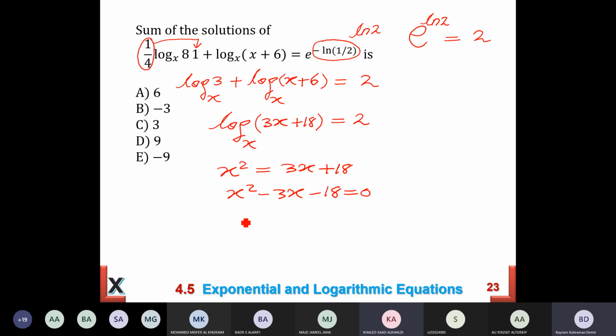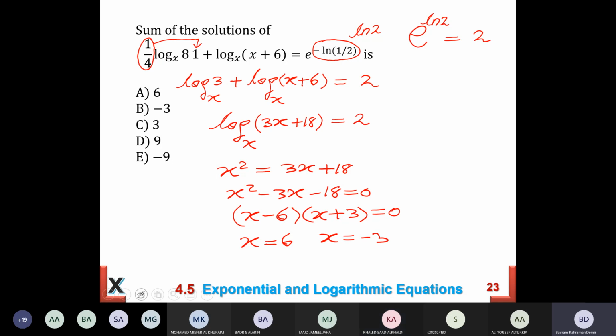And we solve it as a quadratic equation. We have x minus 6, x plus 3. So one option is 6, another option is negative 3. And it wants the sum of them.